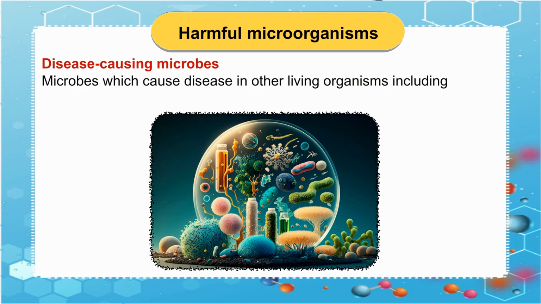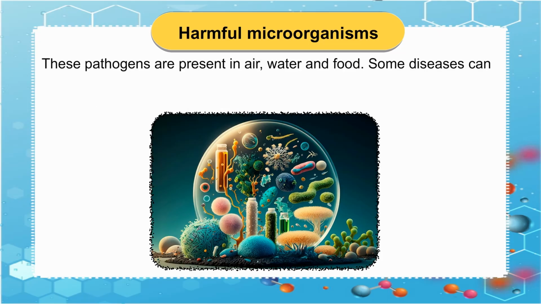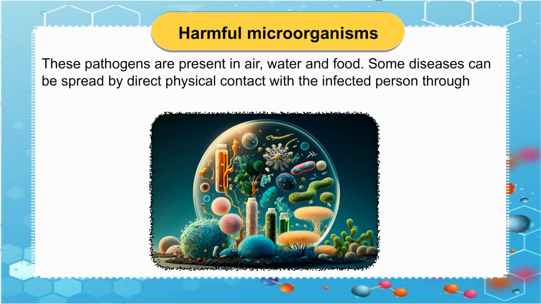These pathogens are present in air, water and food. Some diseases can be spread by direct physical contact with the infected person, or through air, water, food or contact. These are known as communicable diseases.